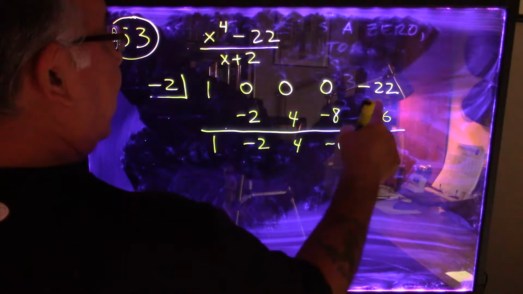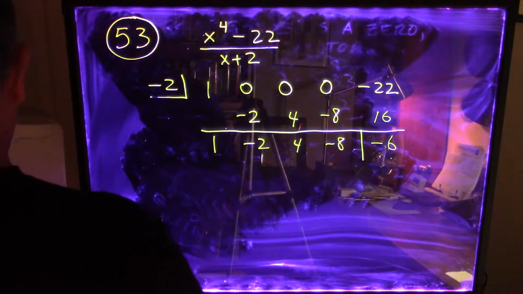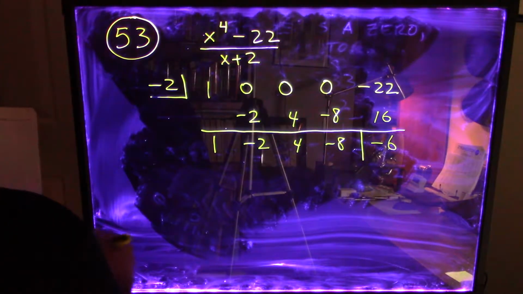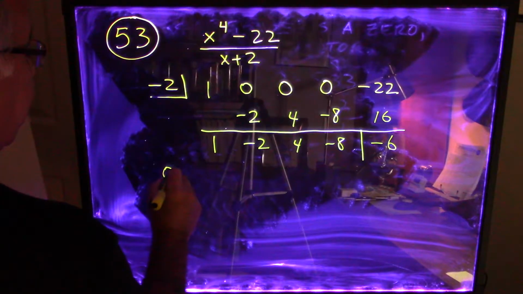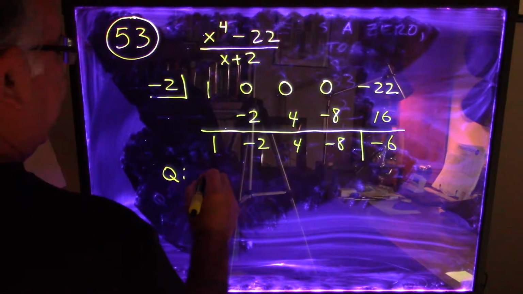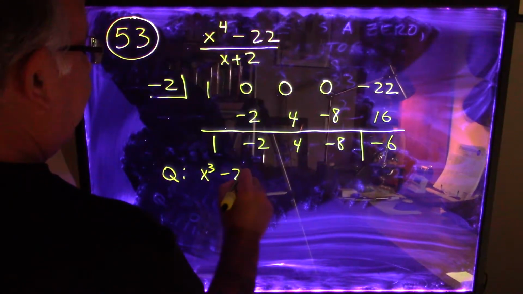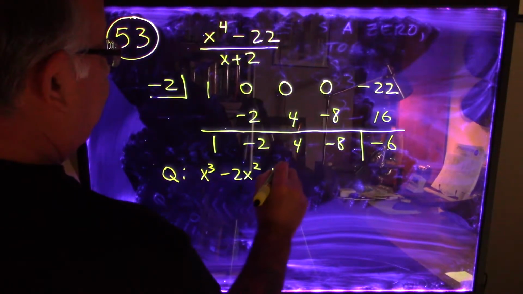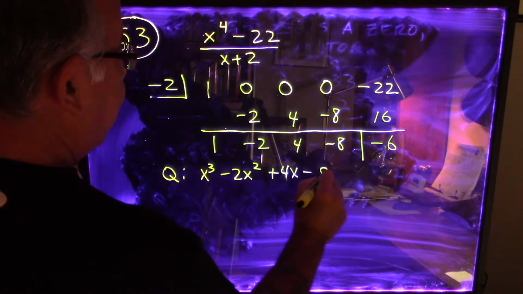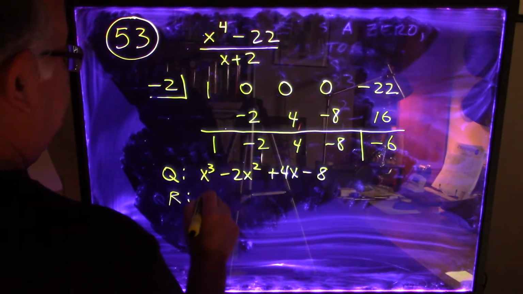And when you add these two, you get a negative 6. So there's your remainder. So the quotient is this: x cubed minus 2x squared plus 4x minus 8. And the remainder is negative 6.